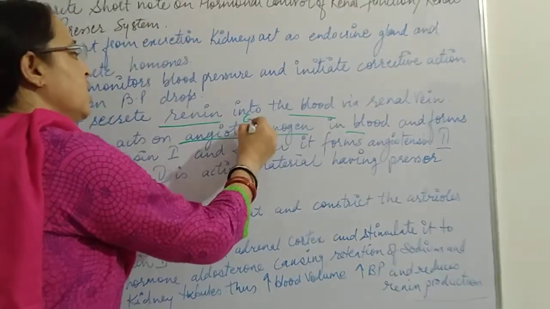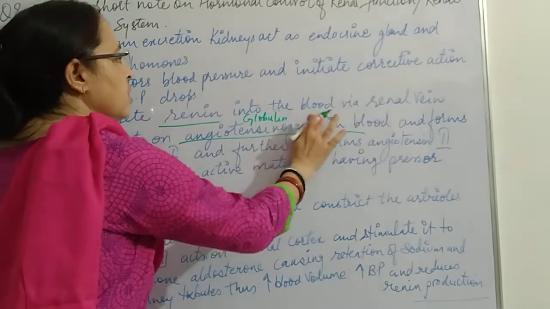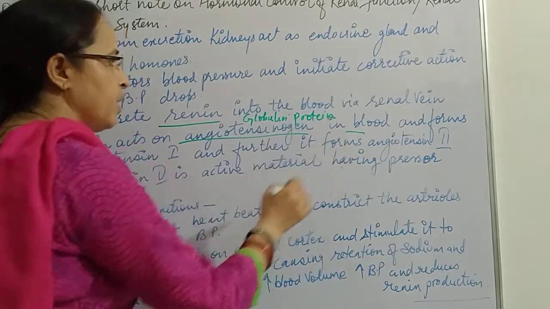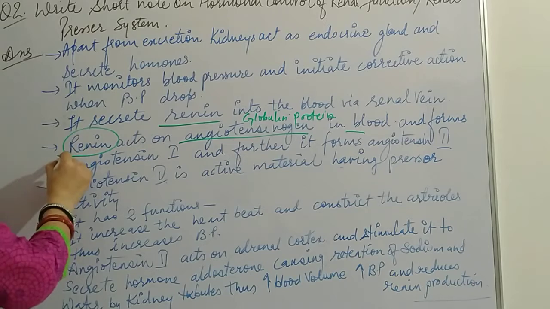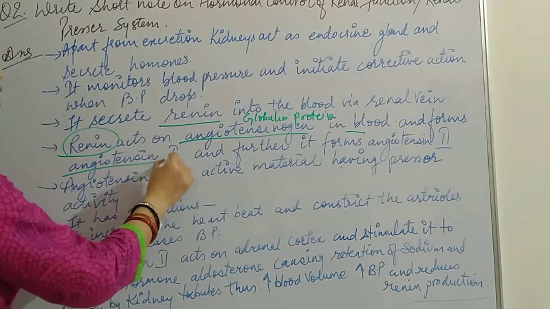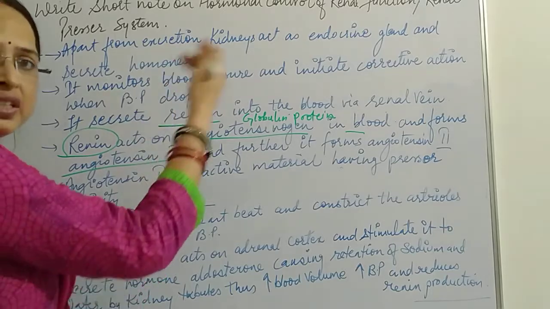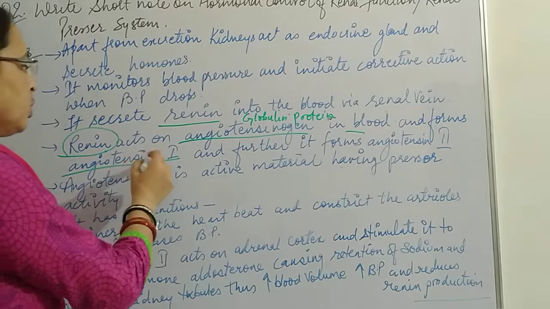Angiotensinogen is a globulin protein present in the blood, and this angiotensinogen is acted upon by renin and it forms angiotensin 1.